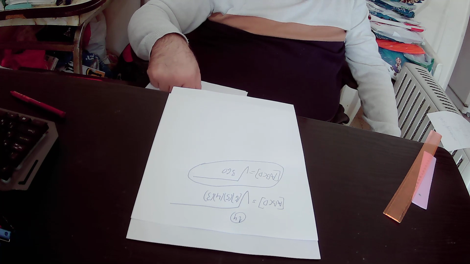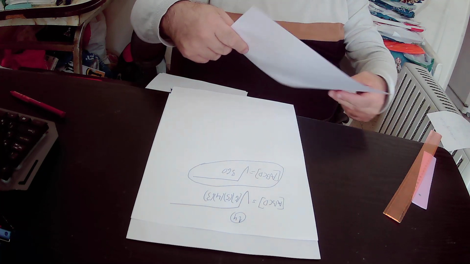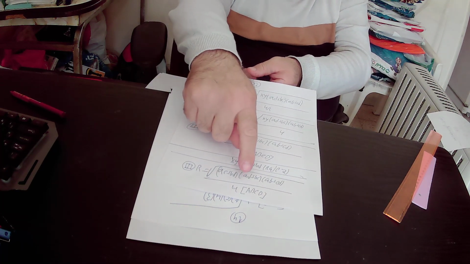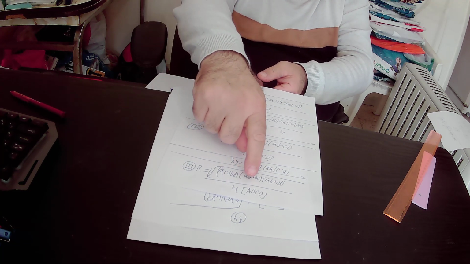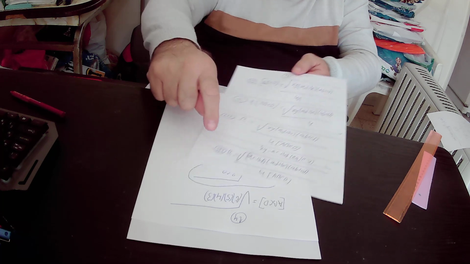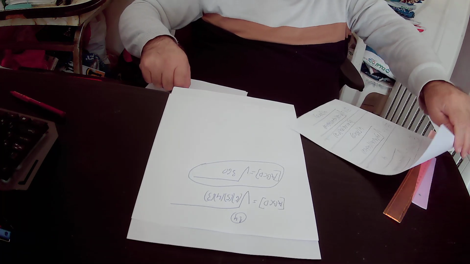So we actually can substitute the area of quadrilateral ABCD in equation number 3 by the root of 360 that we found here. So we'll do it now.